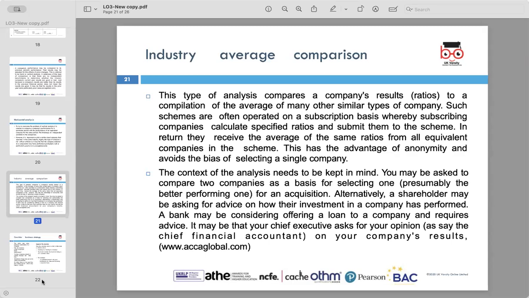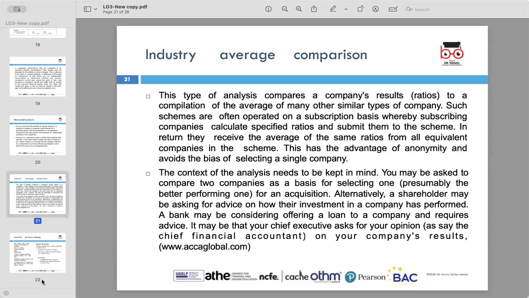Participating companies submit their financial ratios and in return receive an anonymized average of these ratios from the entire participant pool. The use of industry averages provides a broader perspective compared to individual company comparisons. It offers a benchmark that reflects the collective performance of companies within the same industry segment.